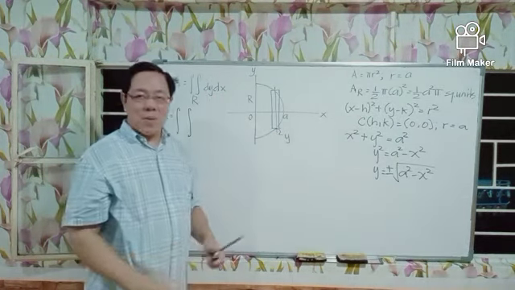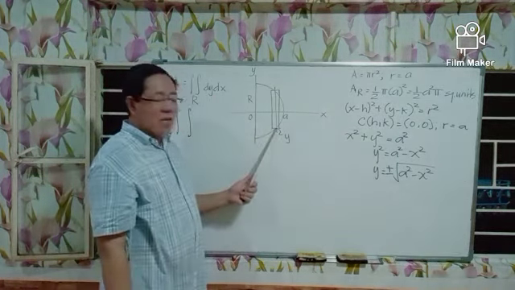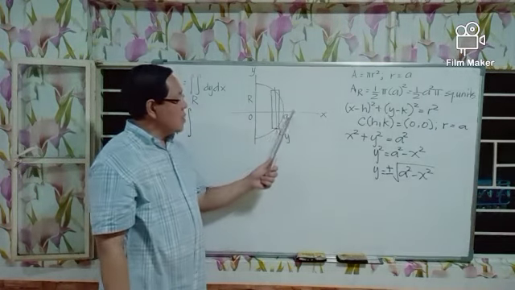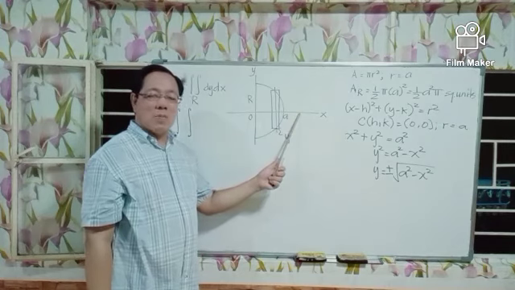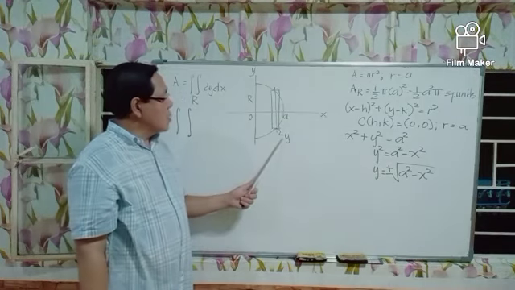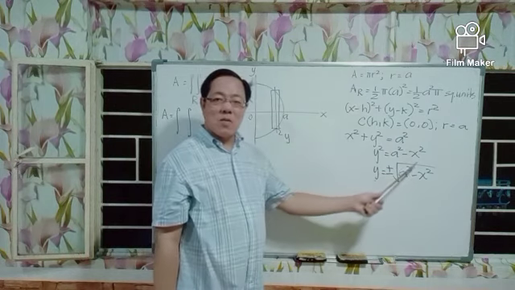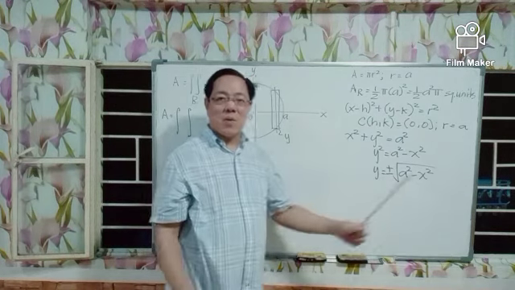The lower base of the vertical strip is a point on the semicircle, and this point is below the x-axis. So the value of y at this point is equal to the negative of the square root of a squared minus x squared.